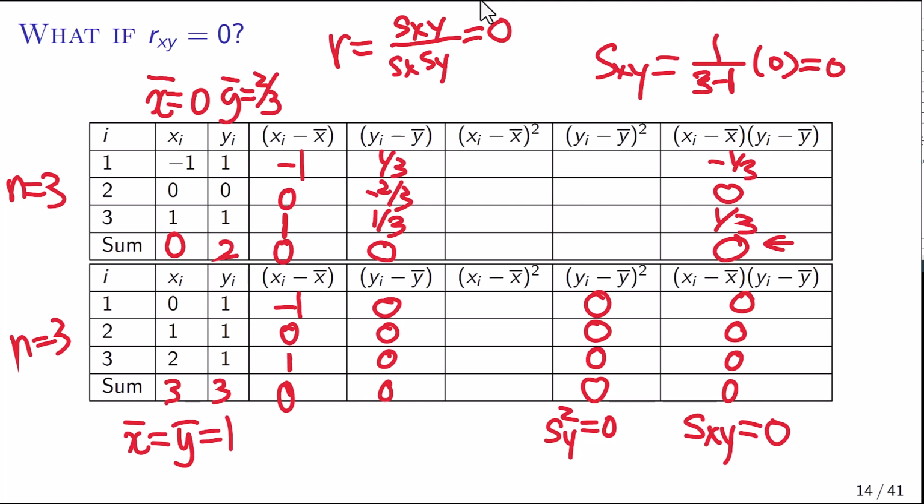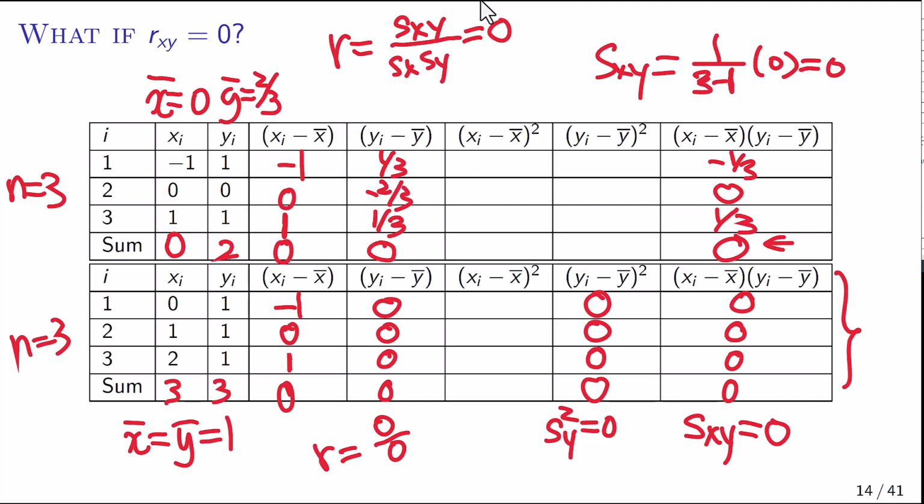Now we have a problem, because in this case R is actually 0 divided by 0. We know the denominator can never be 0. If we have a 0, then we say this is not defined, right? So in the second case, we could not find an R for this second table.